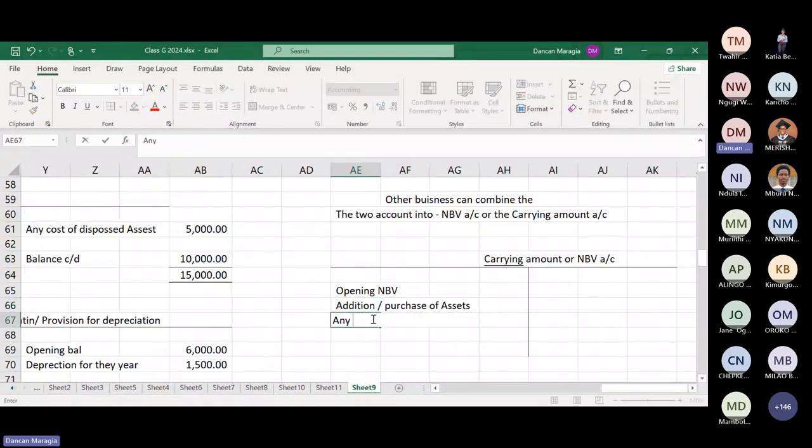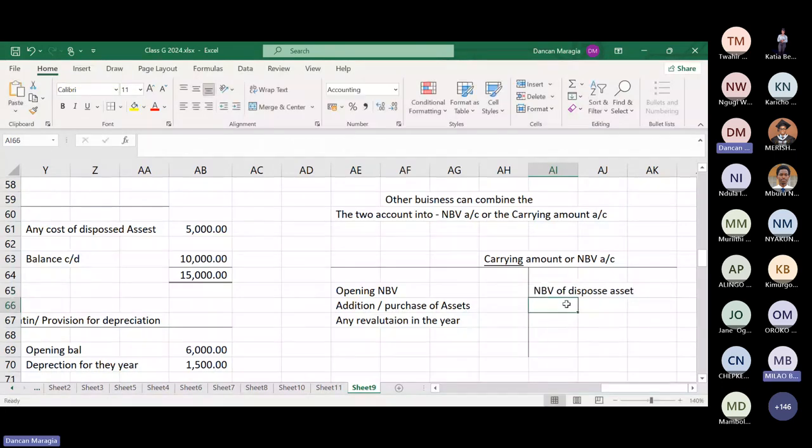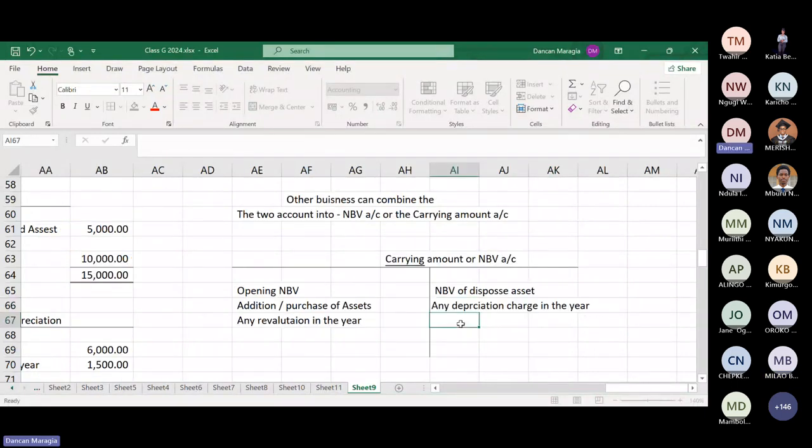Any revaluations on the asset in the year. Then when we dispose the asset, we take the net book value of the disposed asset. Then any depreciation charge in the year. Then we'll have closing net book value. So if I was to combine, this is what I could have done.